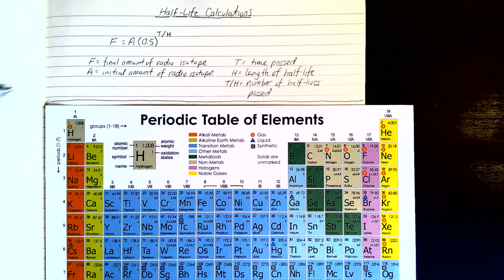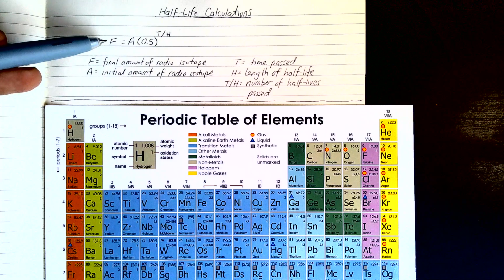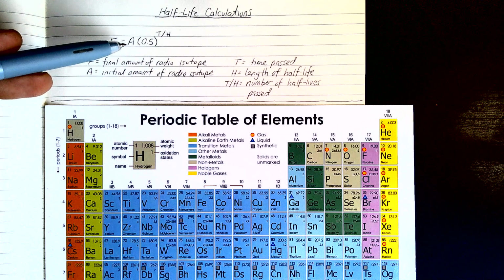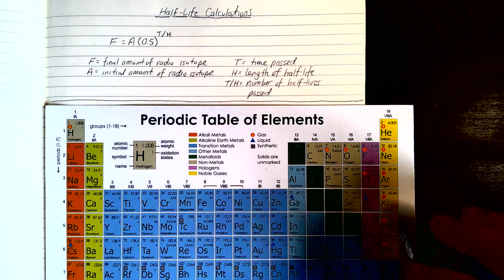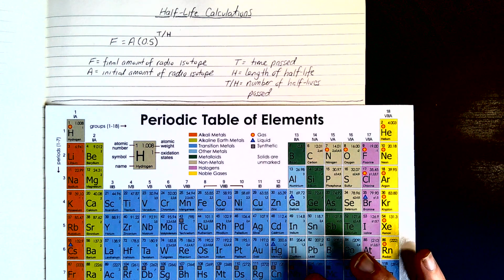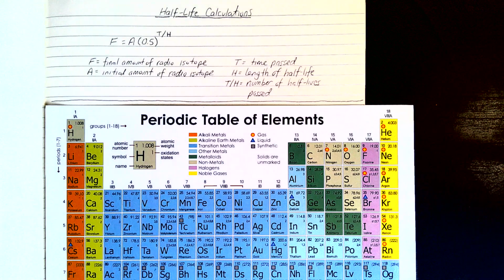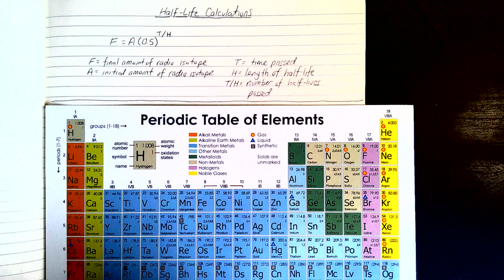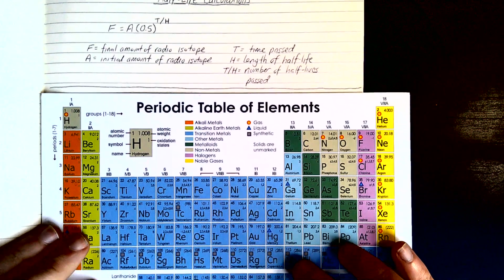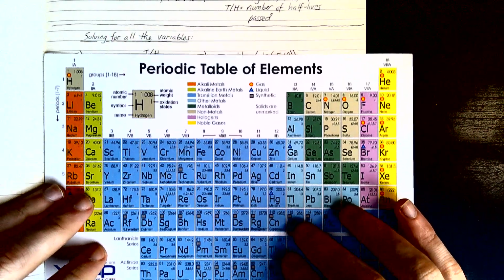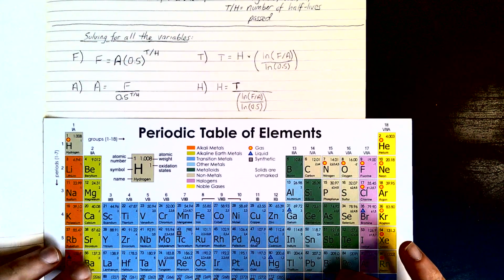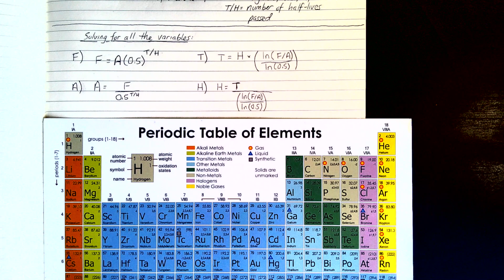Now, solving for F is pretty easy. It's right there. Solving for A is also hopefully not that bad, but solving for T and H can be a lot, because it's going to bring into play a lot of log rules, and so I'm actually just going to provide you with all the different ways to solve for these different variables.